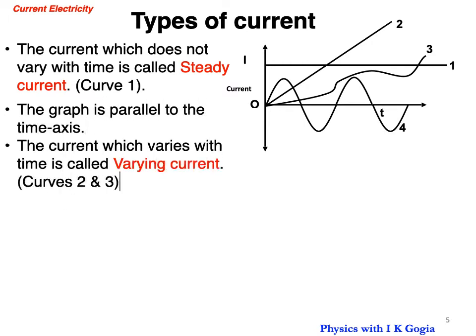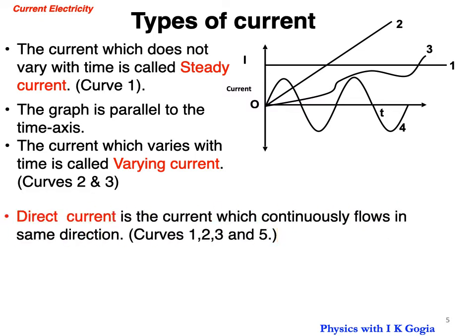The current which varies with time is called varying current. Except for one, all graphs represent varying current. 2, 3, 4, these represent varying currents because their value continuously changes with time.